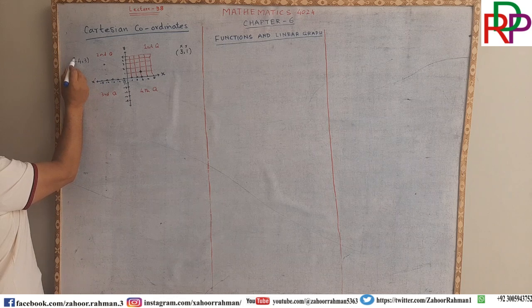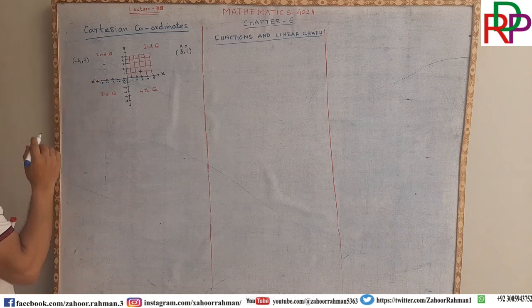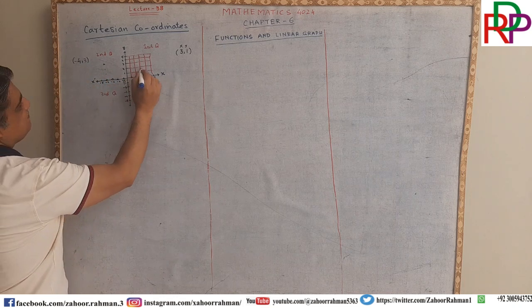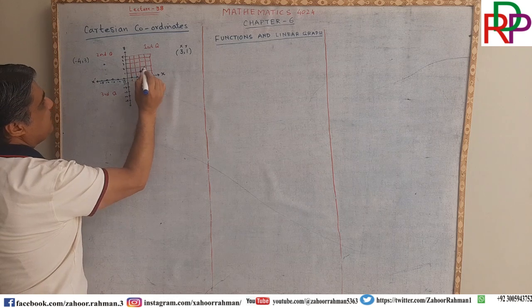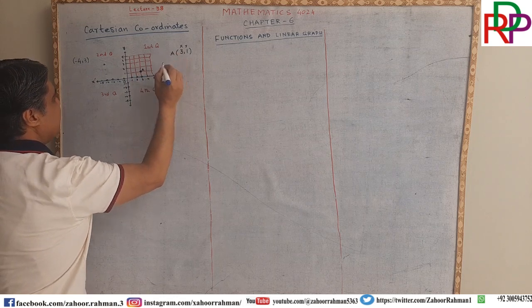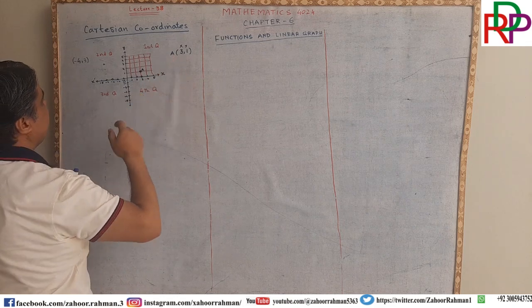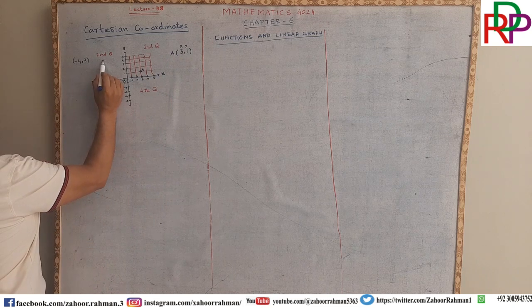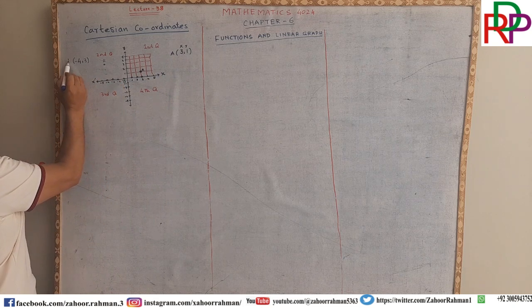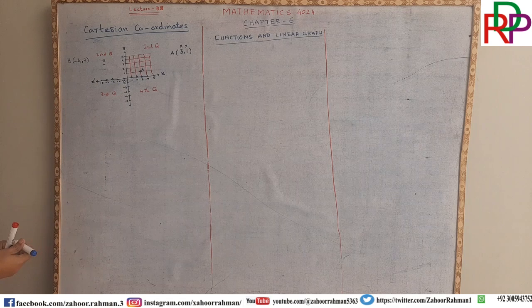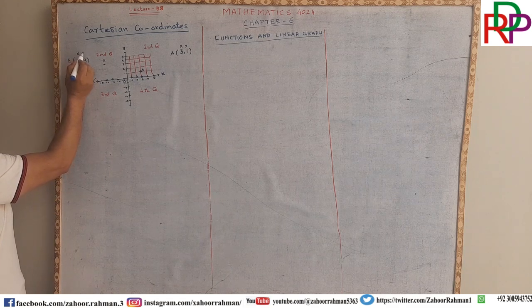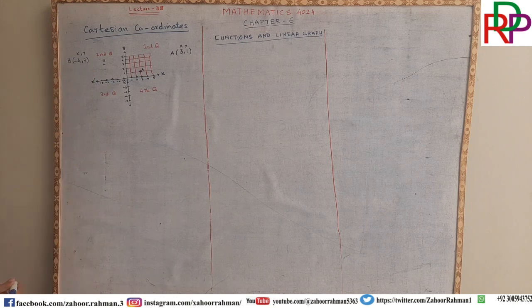So these are called the coordinates of this point. For example, if this is a point, you label it A, and the coordinates of A are 3 comma 1. Now the coordinates of B, you label it B, and that is minus 4, 3, again showing the x and y ordered pair.